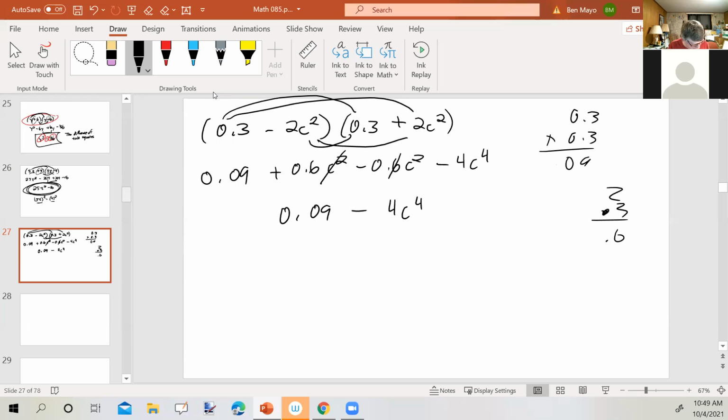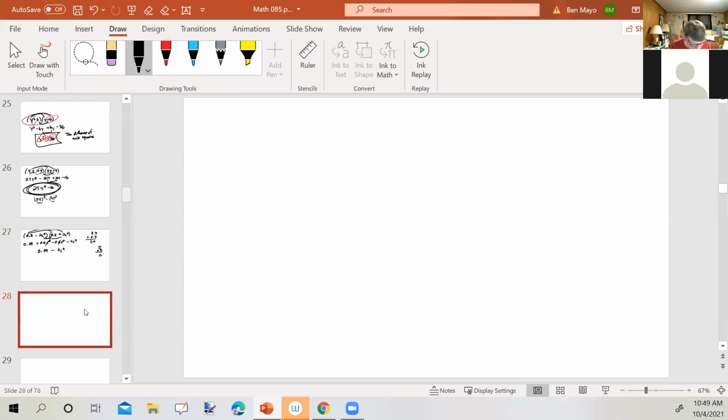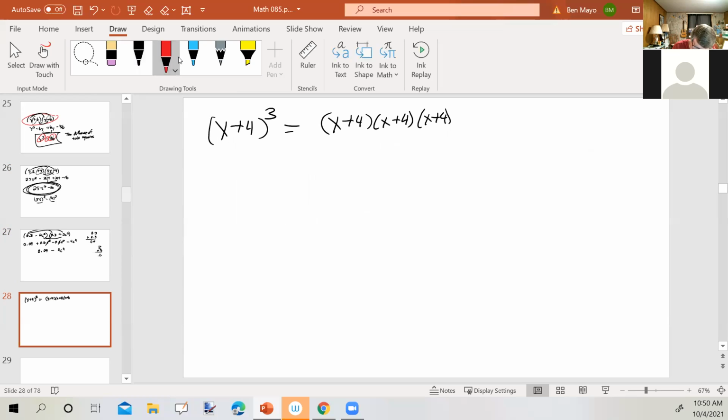All right. Now, what about this case? What if I've got x plus 4, the quantity cubed? So now instead of having two identical factors, I'm going to multiply together 3 identical factors. But I can only multiply them 2 at a time. So I'm going to do these two first, okay?